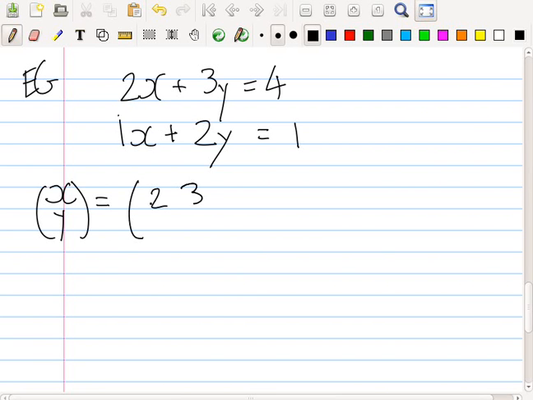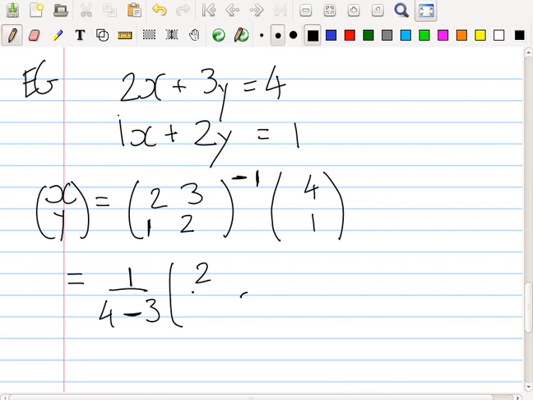The inverse of 2, 3, 1, 2, multiplied by 4, 1. From the lesson earlier today, 2 times 2, 4, minus 3. And then I swap, and then I minus the other 2, and multiply it by 4, 1.